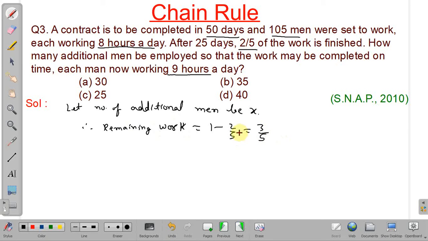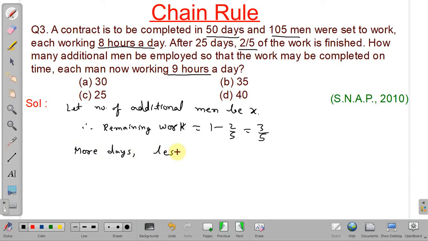Now with the number of men, we will see the relation with respect to number of days, number of working hours per day, and amount of work that is left. So we will write the relation first. More the number of days available, less men will be required.